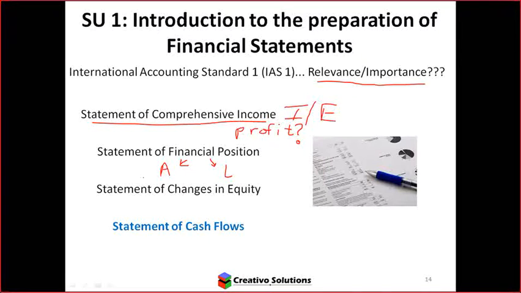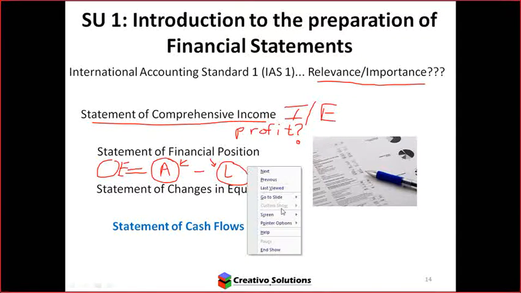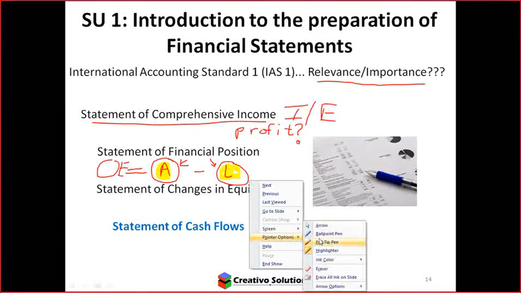So you've got those two which form part of the financial position. Why? Because remember the basic accounting equation, if I put the O there, A minus L gives me owner's equity. Okay, so financial position is focusing on the A and the L. It's focusing on those two.